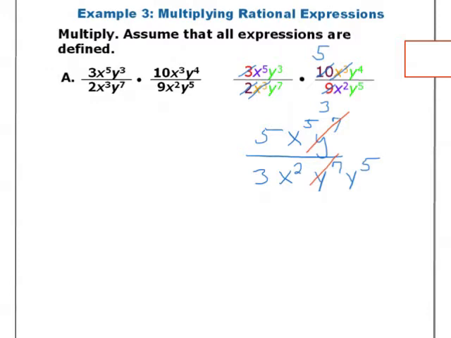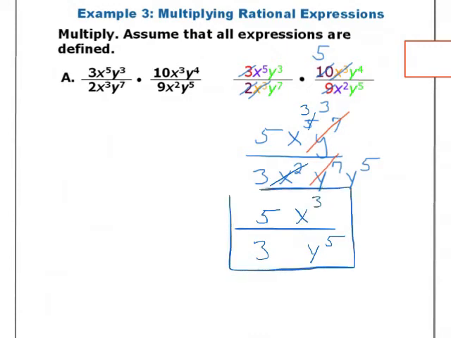So my final answer here is going to be 5 on top, 3 on the bottom. Let's see, I have a y to the 5th on the bottom. And on the top, since these two divide out, leaving me with 3, as I said, that gives me x to the 3rd on top. And there's my final answer.